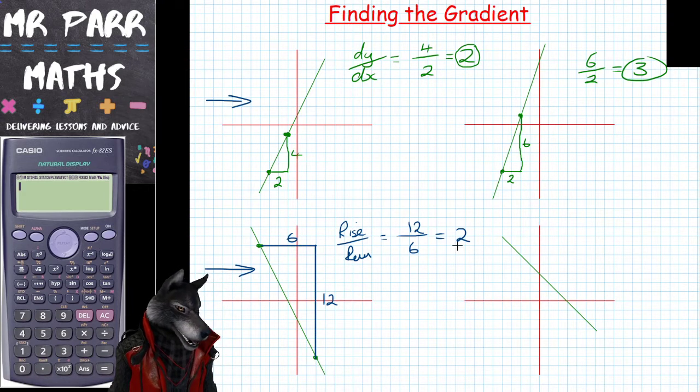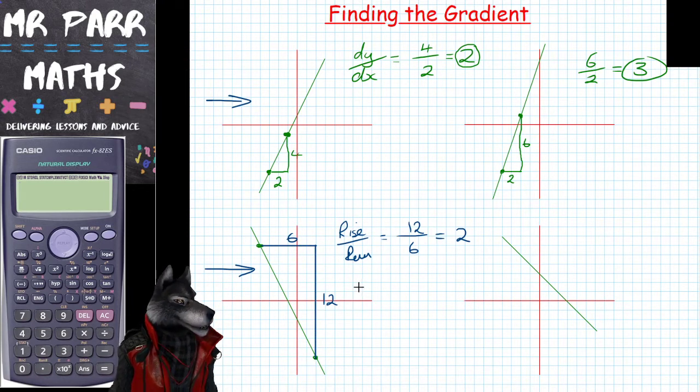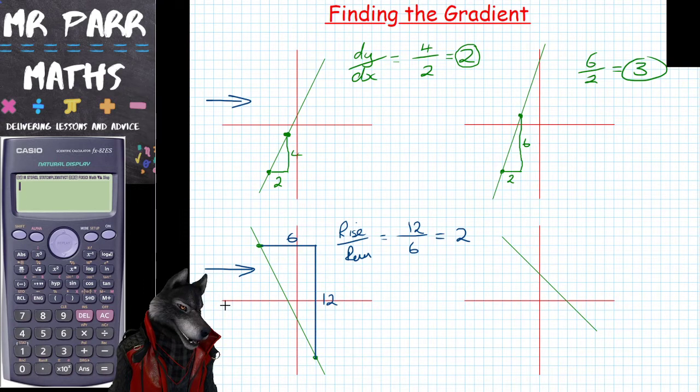So how can I differentiate between them? Well, the way we do that, now your run will always be positive, because if you think about it, the values over here are negative. The values over here are positive. So as you go left to right, your x values are going up. They're increasing, hence why that's positive. But if you think about from here to here, you're actually going down.